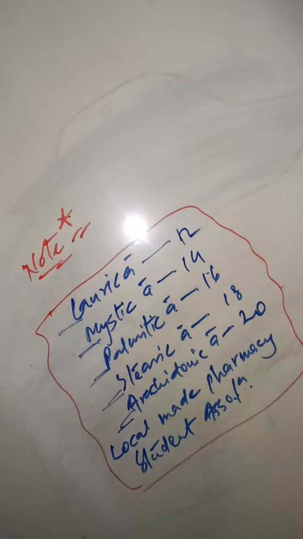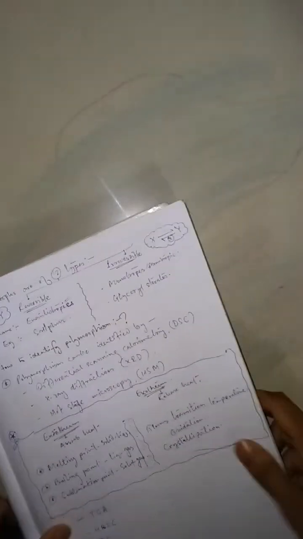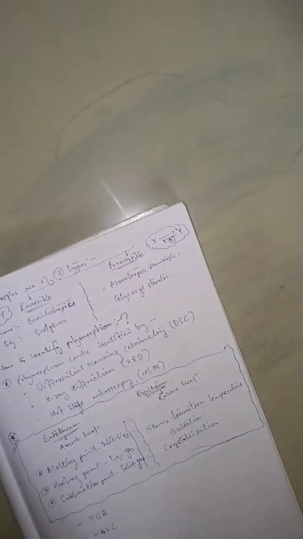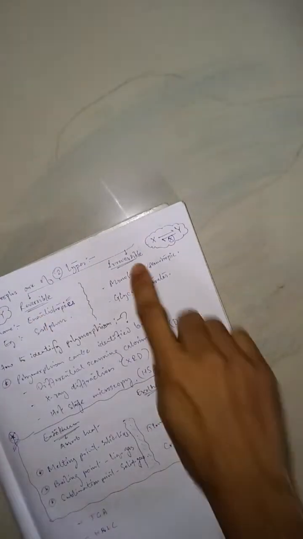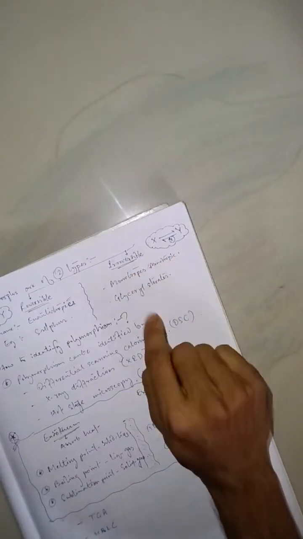Next, polymorphs are of two types. We are studying polymorphs, yes or no? So polymorphs are of two types: reversible polymorph and irreversible polymorph. Reversible polymorph is also called enantiotrope, and irreversible polymorph is called monotrope or monotropic.